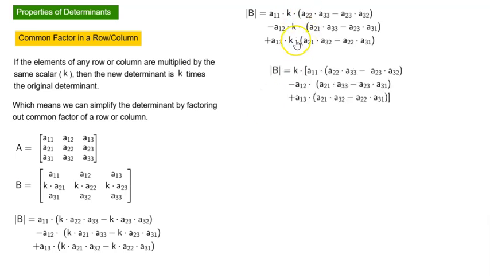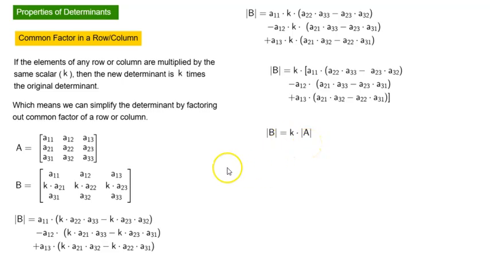Now, these three terms have k in common, so we take it out. So we have k times the rest of the terms. The expression inside the square bracket is nothing but the determinant of A. So we can say determinant of B is equal to k times the determinant of A.